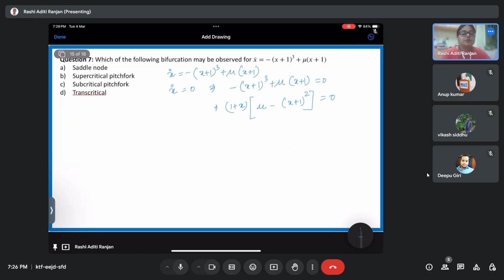So the first fixed point we are going to get from equating 1 + x = 0.